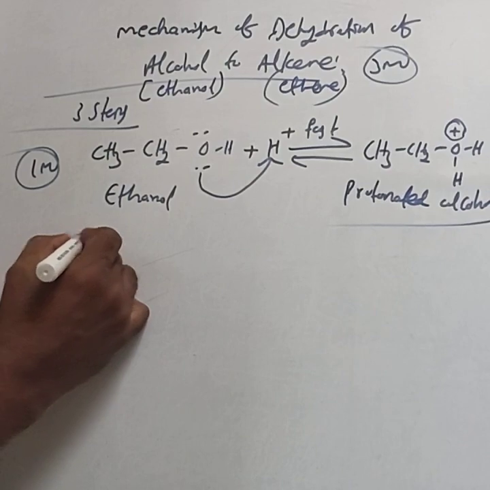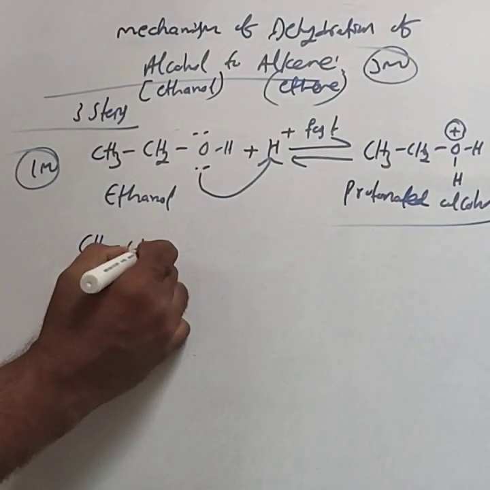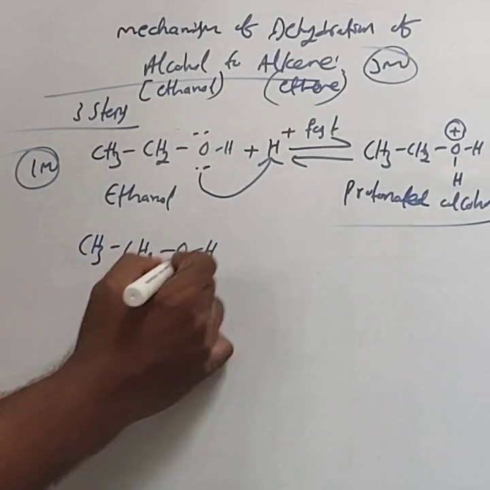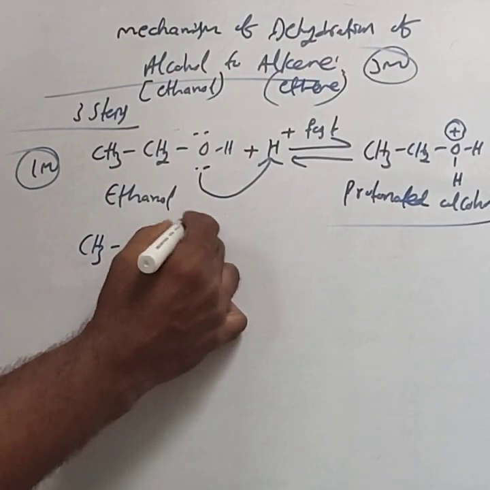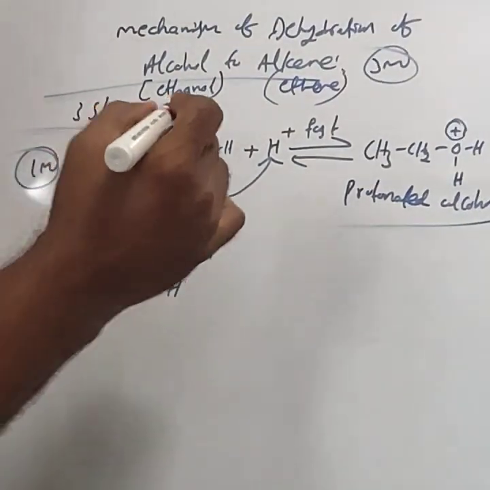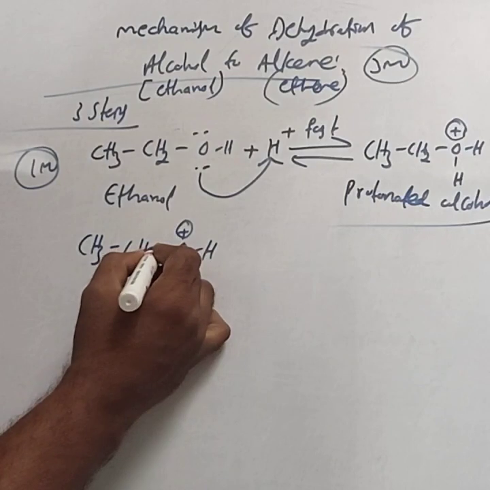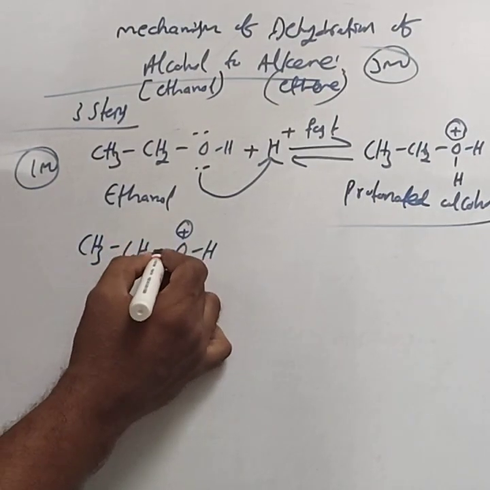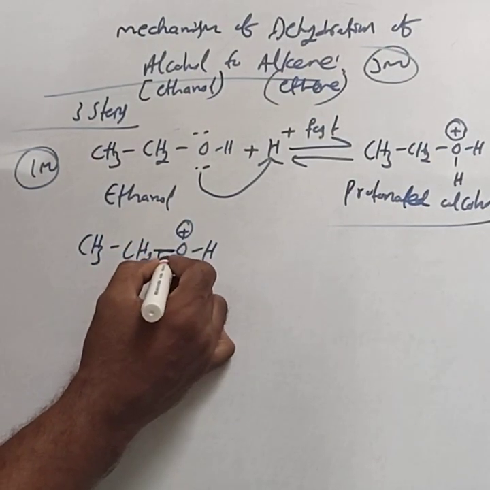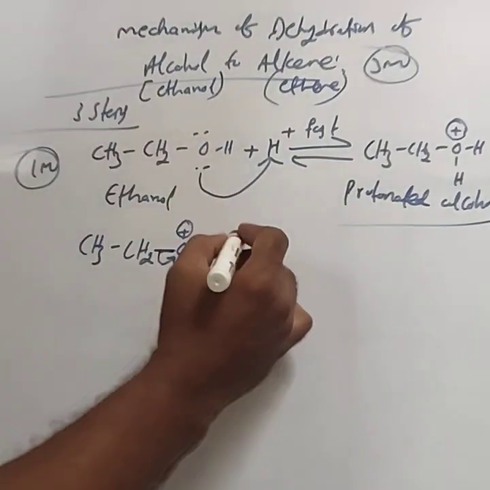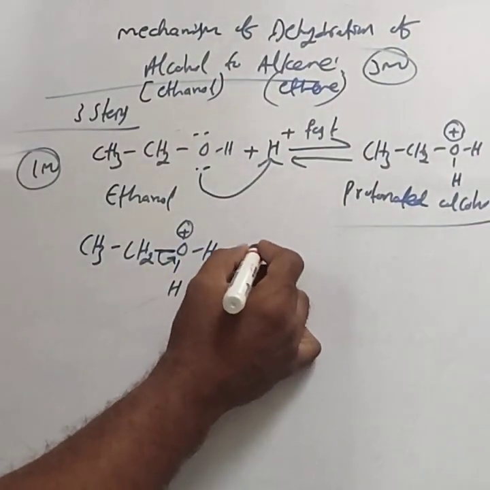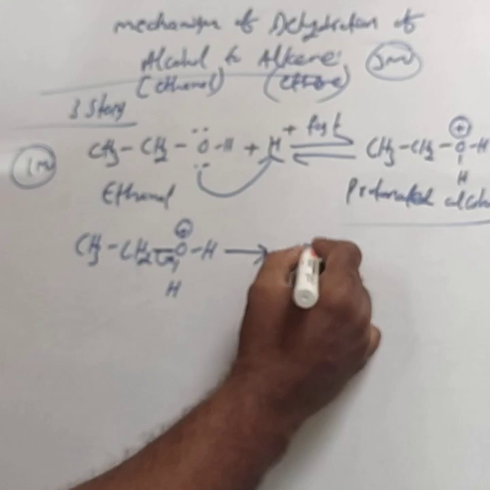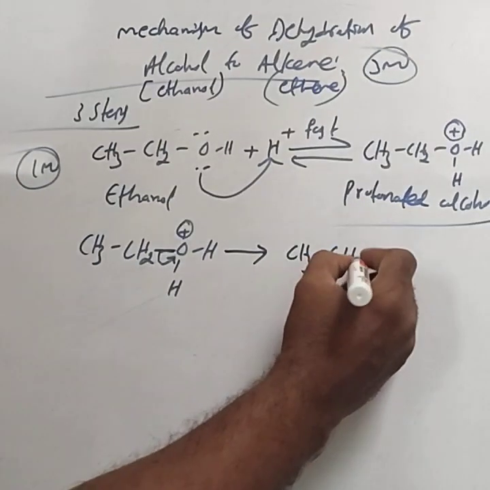Then in the second step, you consider the protonated alcohol. In this protonated alcohol, this bond shifts towards the oxygen. That results in the formation of CH3CH2.